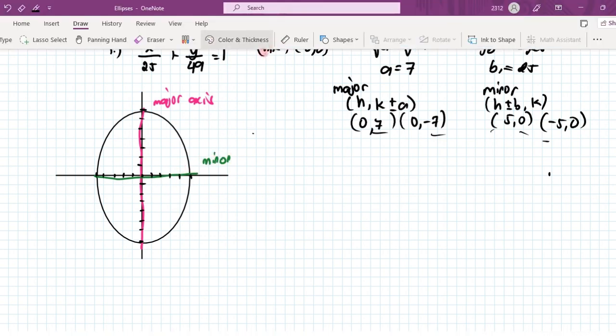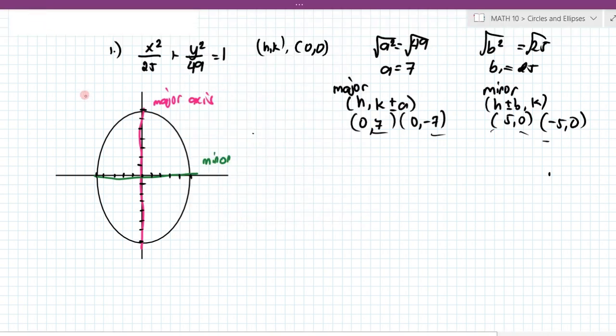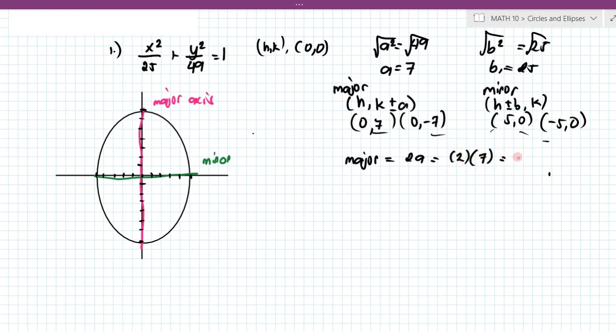If you are asked what is the length of our axis, for the major axis we only need to use this formula, 2a, and 2 times our a, which is 7. Thus, the length of our major axis is 14. For the minor axis, 2b, 2 times our b, which is 5. Thus, our minor axis has a length of 10 units.